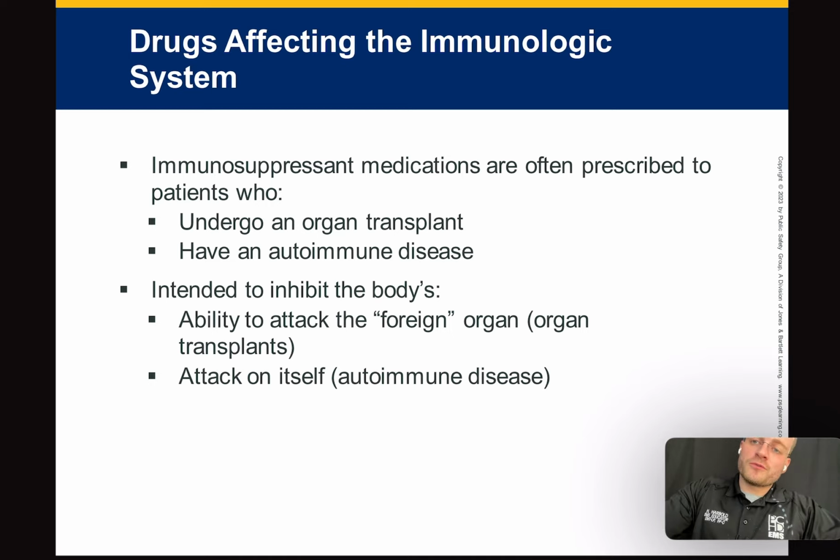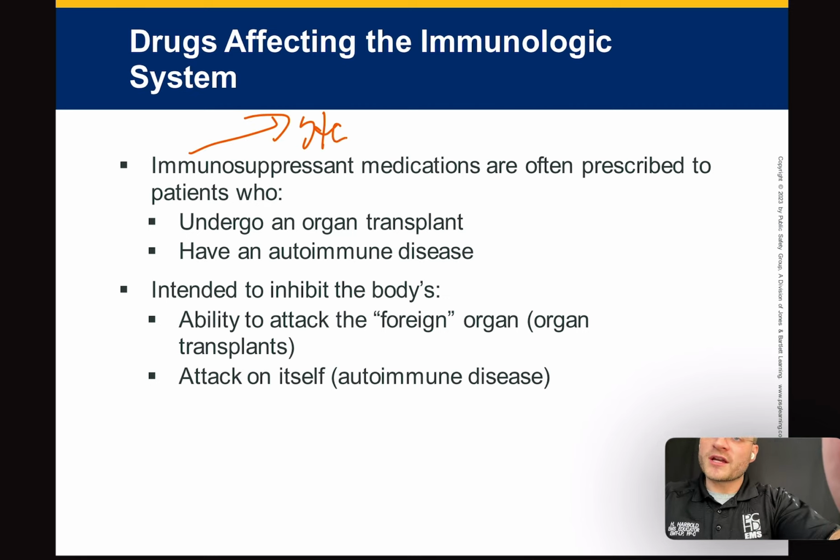The most common way this is done is steroids. We'll give corticosteroids in high doses for long periods to knock down the immune system. So just watch for that. If the patient tells you, I've had a kidney transplant, they're immunocompromised, right? They're immunosuppressed. Same thing, not always, but if they have an autoimmune condition like lupus. Basically, that's what I just talked about.